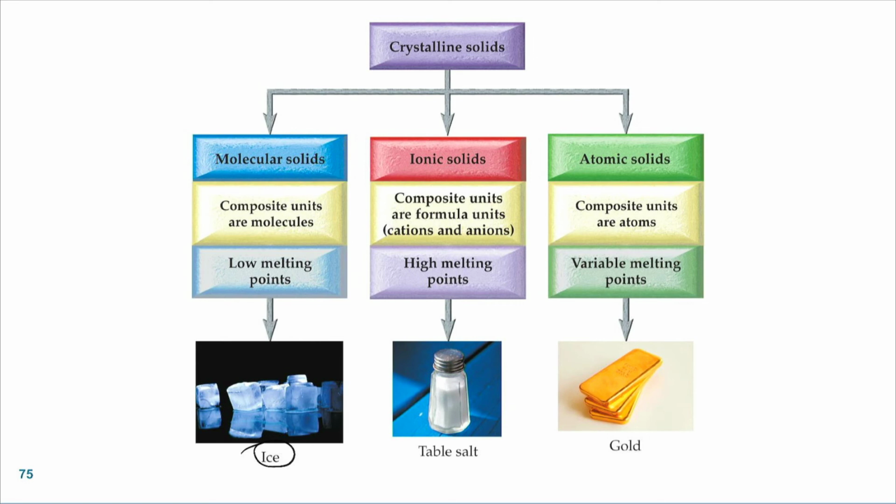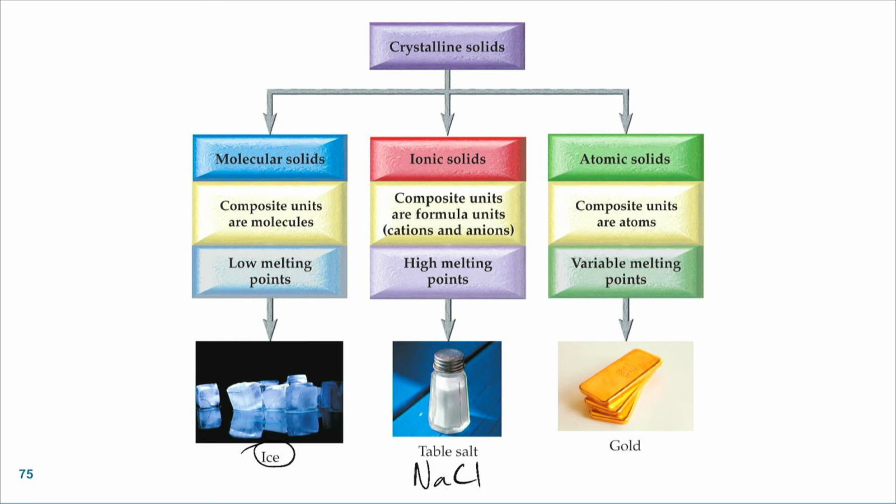So we have table salt, which is sodium chloride, and that's a formula unit. Because when you look at table salt as a whole, there are no single sodium chloride molecules. We just have this repeating array of sodium and chloride, and so we use formula units.